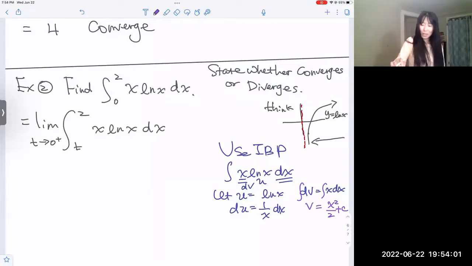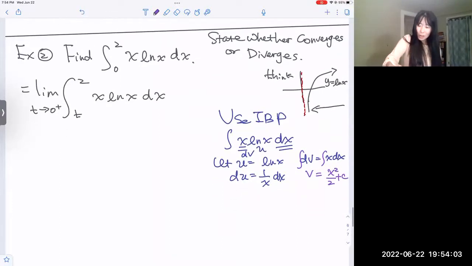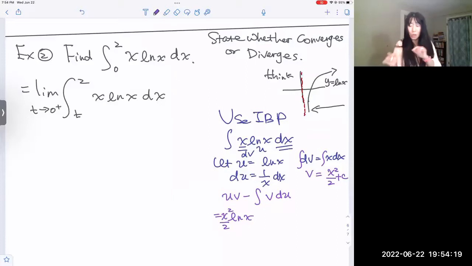All right. Now we're going to make uv minus the integral of v du. So u is ln x, v is x squared over 2. Let me write x squared over 2 in front, because I don't want u multiplied with x squared.